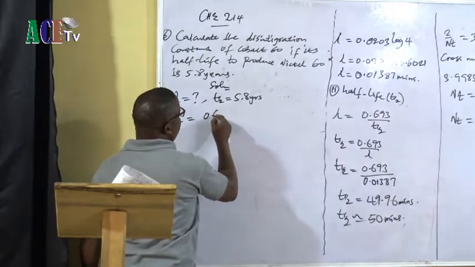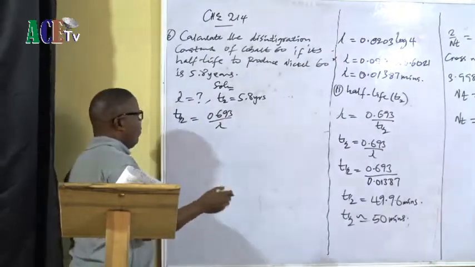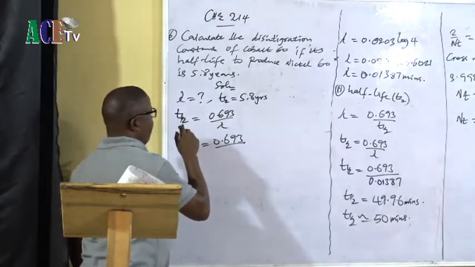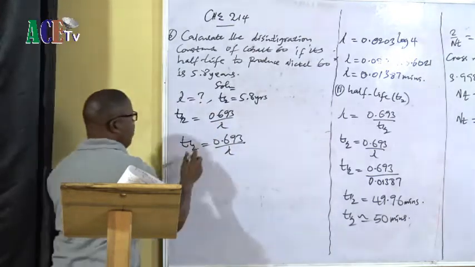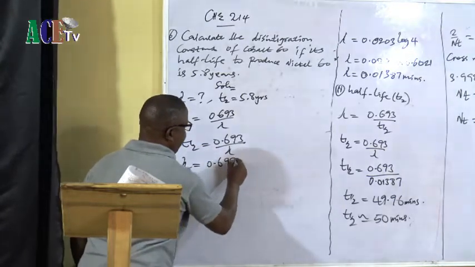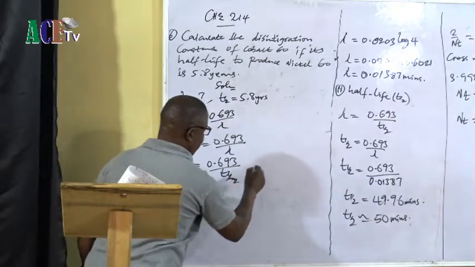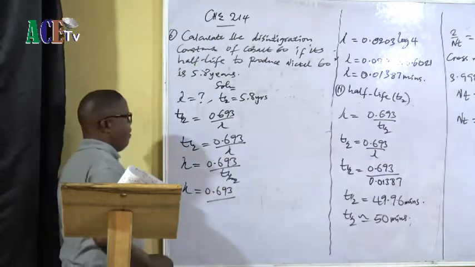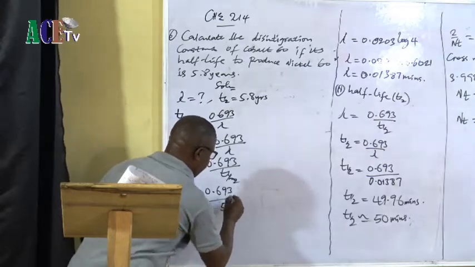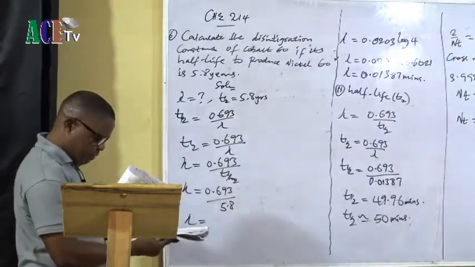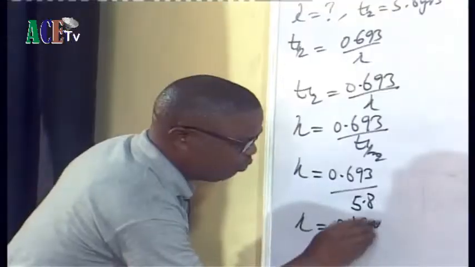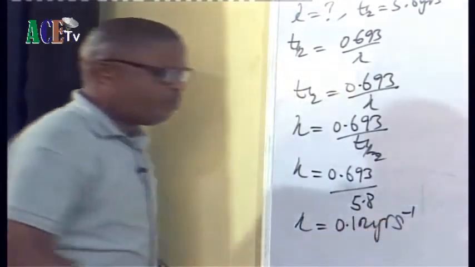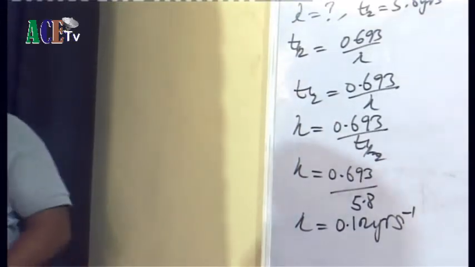T half is equal to 0.693 all over lambda, and lambda is equal to 0.693 all over T half. So my lambda is 0.693 all over 5.8. If that is divided, that is 0.12 per year. So that is the lambda.